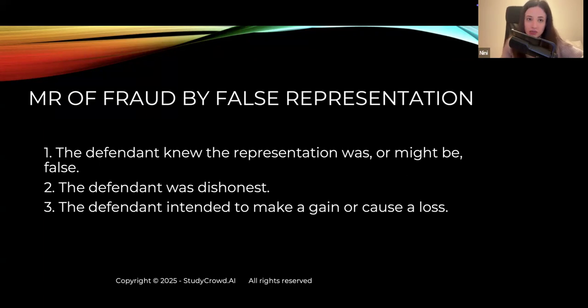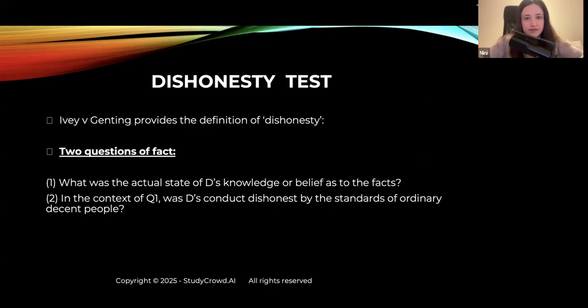First, you need to define what mens rea is, and then you need to refer to the facts of the case from the problem question and say why or why not the defendant knew in this case that the representation was false. Show that the defendant was dishonest. Show that the defendant intended to make a gain or cause a loss. Those three requirements are extremely important for a problem question on fraud.